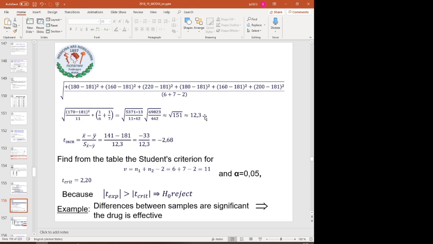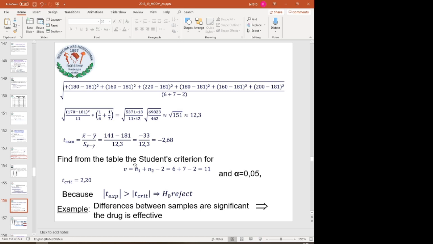This is quite a big number, and the difference is minus 33 because, let's imagine this is systolic pressure, it's decreased, so the difference is negative, and we divide it by 12 and get minus 2.68.